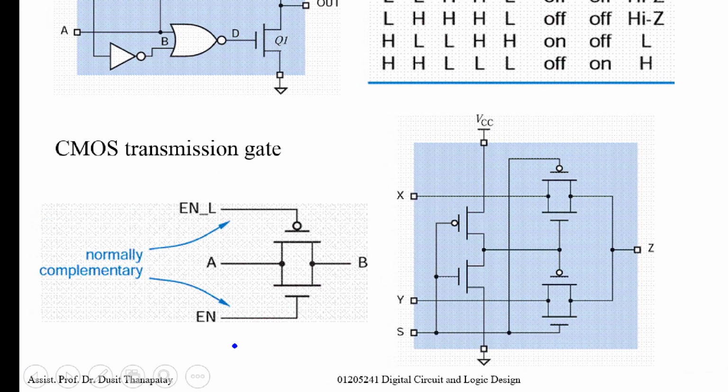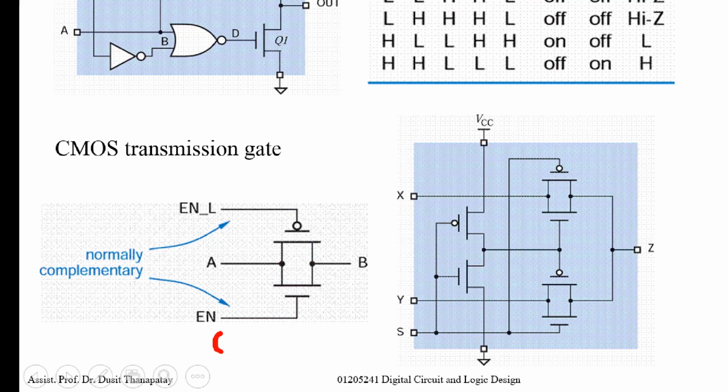And for the example, this one. At first, let's consider this one first. If enable is 1, active low enable is 0, okay, opposite. That means this transistor turns on, then B is now connected to A when enable is 1.